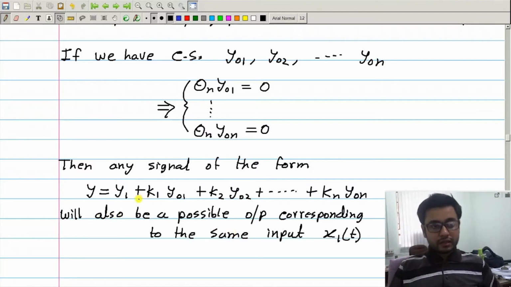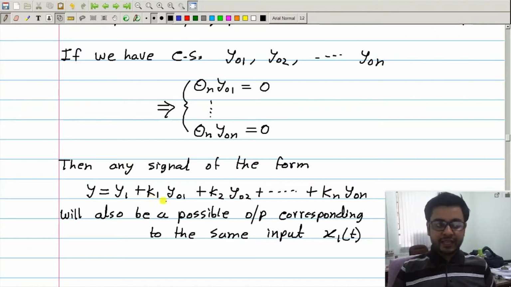And this way we can construct many other possible solutions. These k1, k2, kn are arbitrary constants and we can take any value for k1, k2, kn.